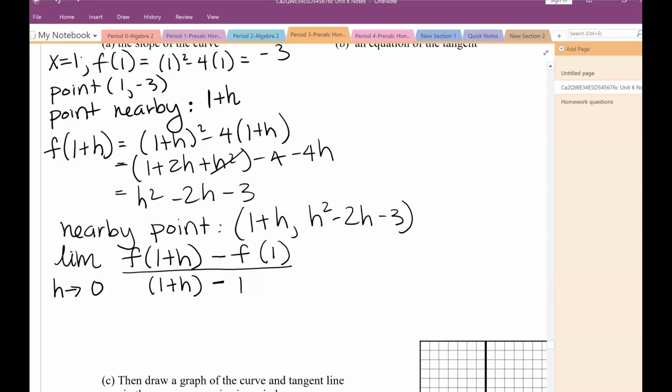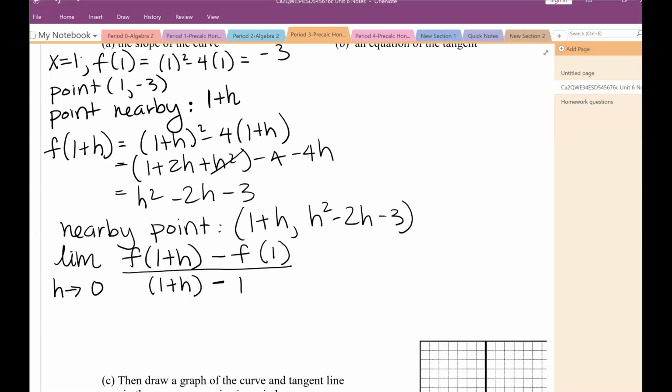I'm going to hold it right there. It's so important that we understand this process. Remember, isn't this right here my slope formula? f of b minus f of a divided by b minus a. But remember, we pick a nearby point of 1 plus h. h is the gap, right? So we want that gap to be very, very small, pretty much nothing.